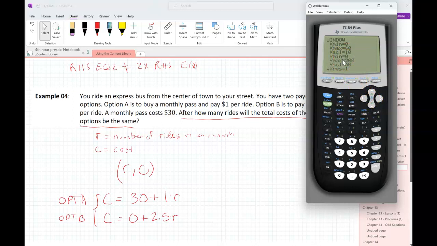That felt like a heck of a lot of money to be spending riding the bus in one month. And then I set the scale for the cost to 50, meaning I'm going to have about 4 tick marks on my y-axis. Then I hit graph. So this is the picture I get. What is it that I'm looking for from this picture?